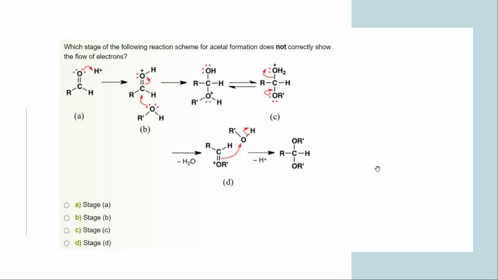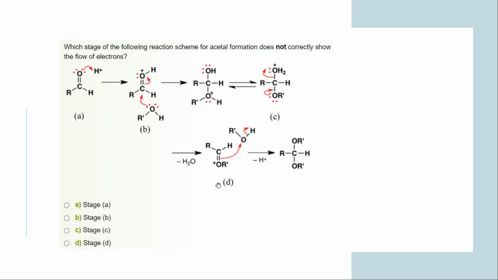So we will go through it one by one and we will identify the step in which the arrow pushing is not being shown correctly. Arrows are basically what? These are showing flow of electrons, movement of electrons in an intermediate or in a step of a reaction mechanism.